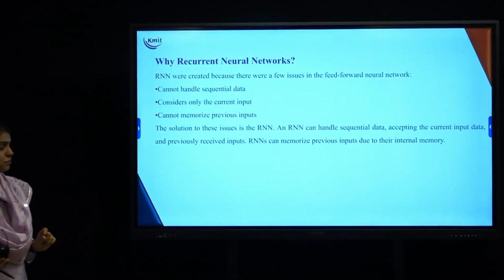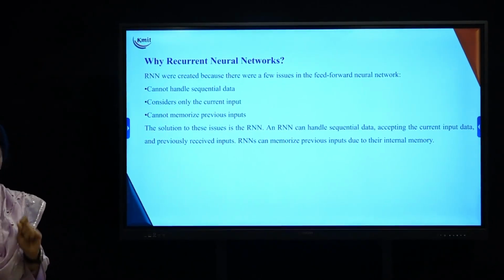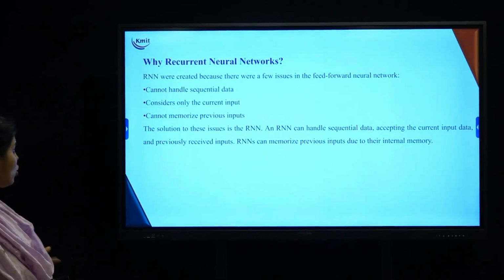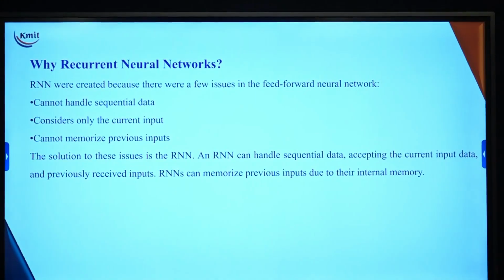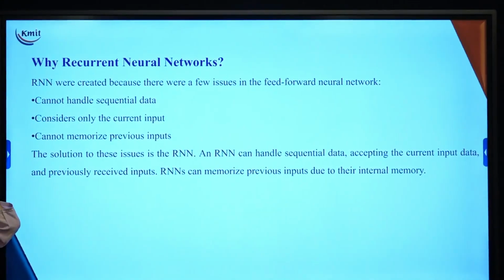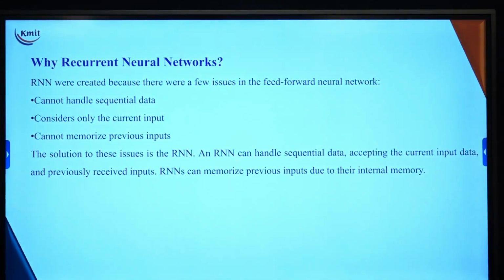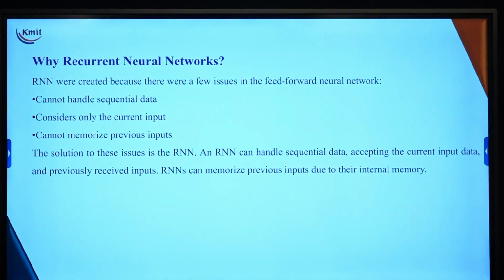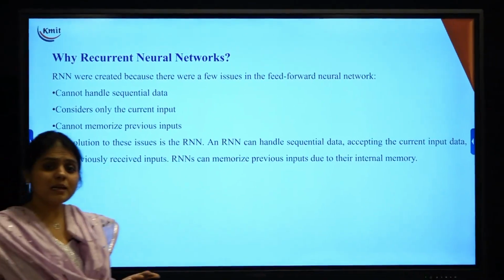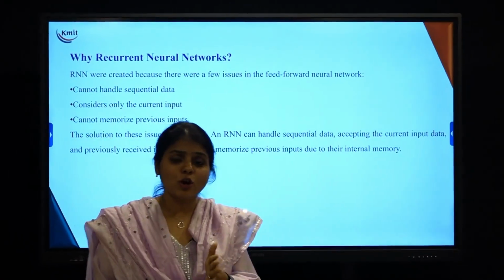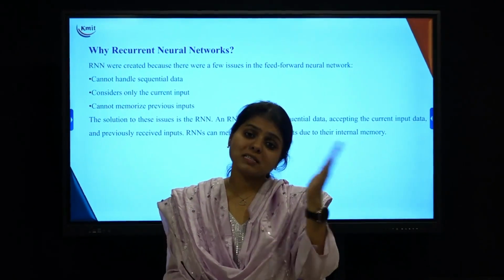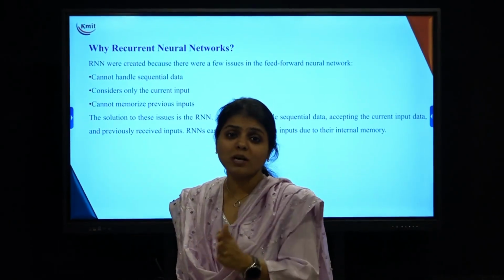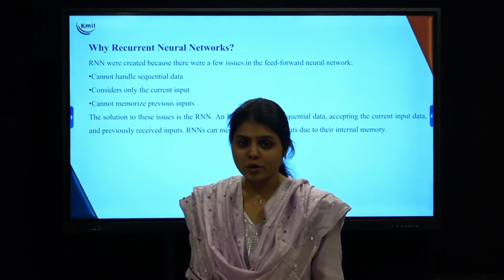Now why do we actually need recurrent neural networks? In the context of natural language processing, other neural networks, such as feed forward neural networks, may not be able to handle sequential data, and they consider only the current input. I cannot predict the next word in a sentence based only on my current input, because I may predict the words in natural language based on both past input and current input.